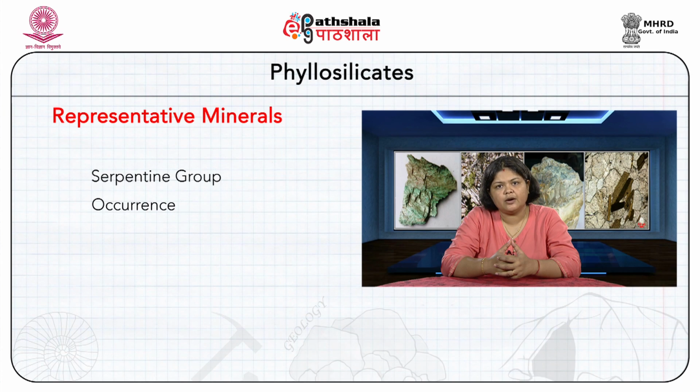They are also found to occur in association with calcite, dolomite, forsterite, magnesite and calc silicate minerals in contact metamorphosed carbonate rocks. The serpentine rich rock is known as serpentinite, which is commonly found in subduction zones.